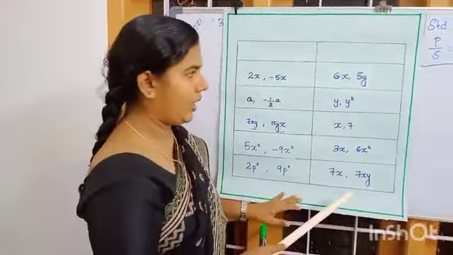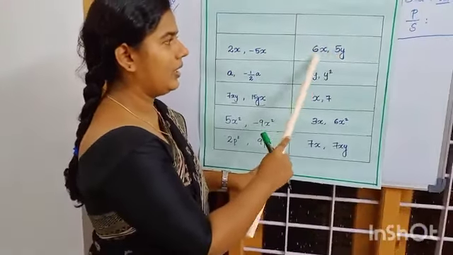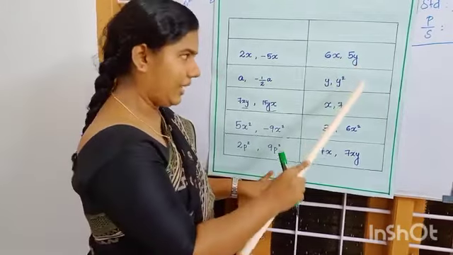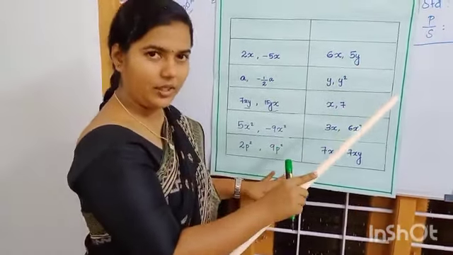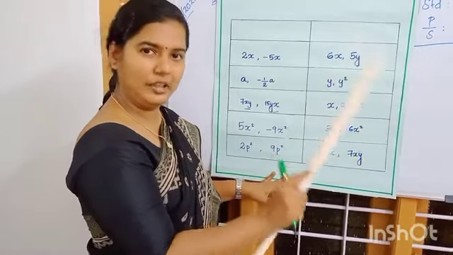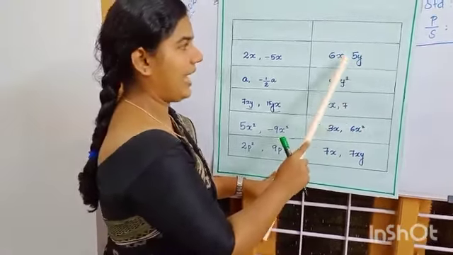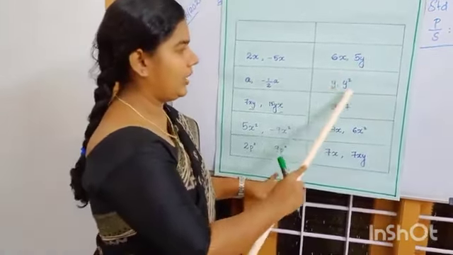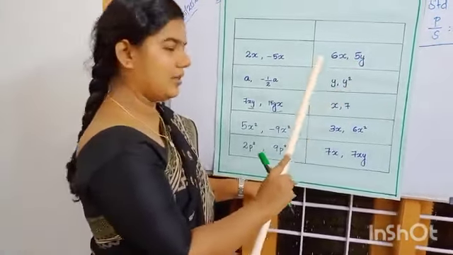Coming to the second column, what is the relation between these two? Yes, the relation is that both of them are expressions, especially monomials, but yes, different variables, right? Here x and it is y. Also the coefficients are different. Here, yes, this is also different.